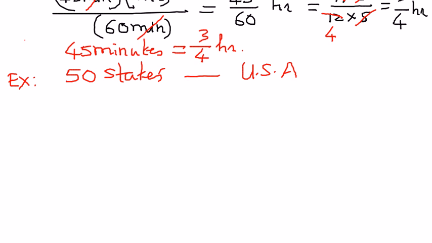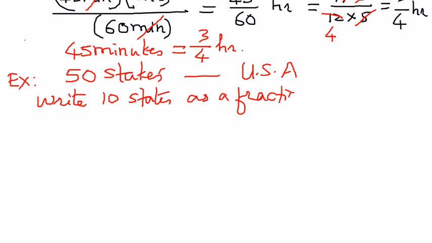Write the first 10 mountain region states as a fraction of the 50 states. We want to write 10 states as a fraction of the 50 states in the United States.